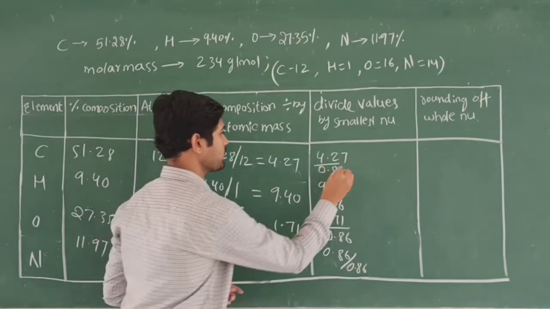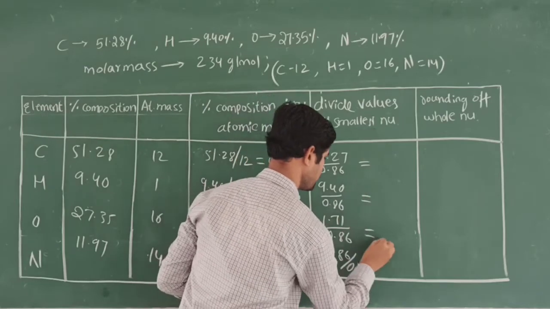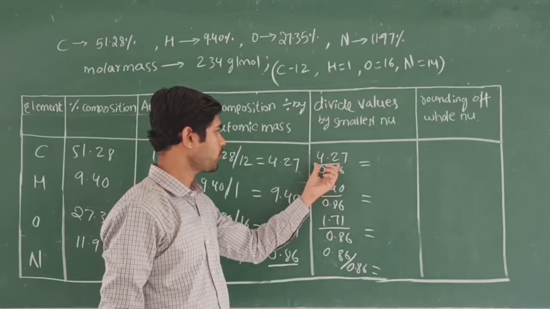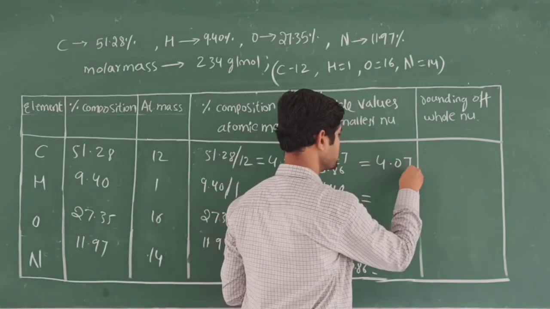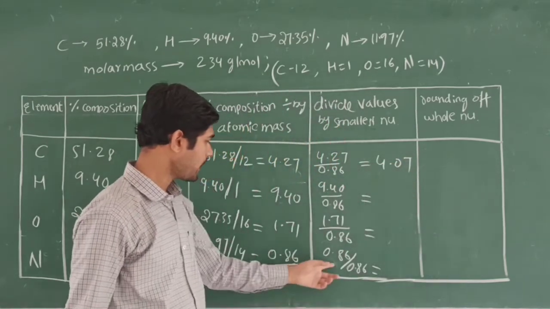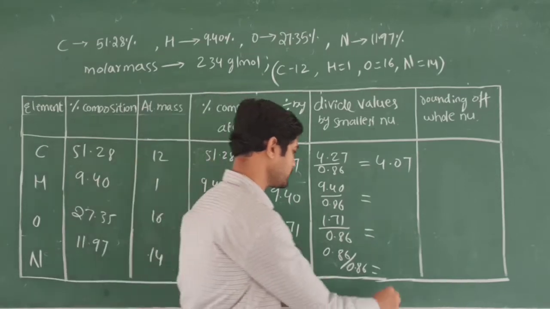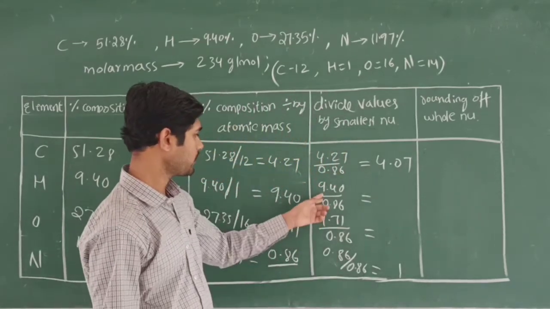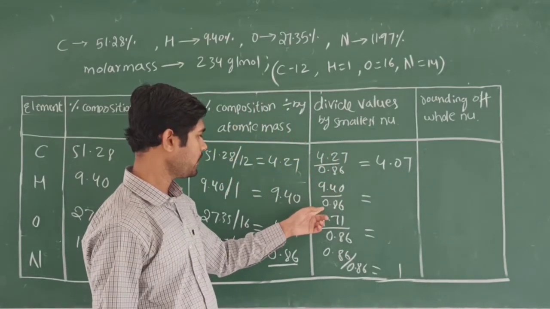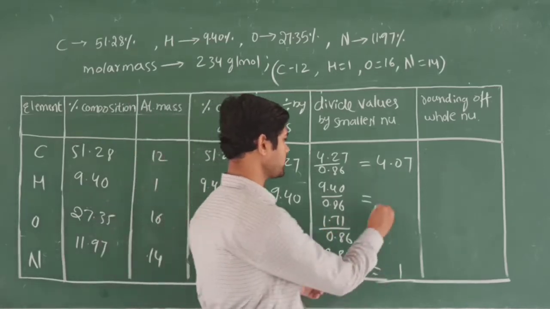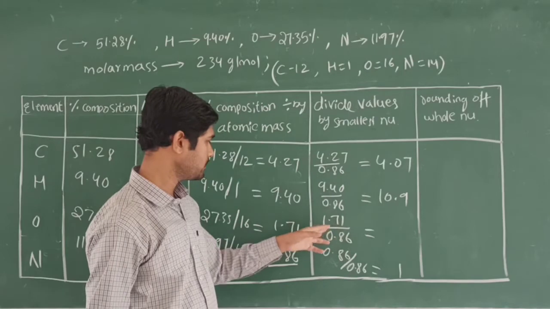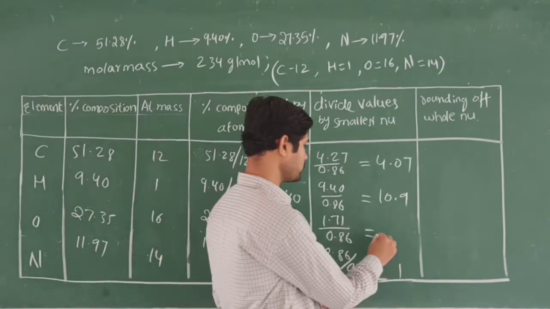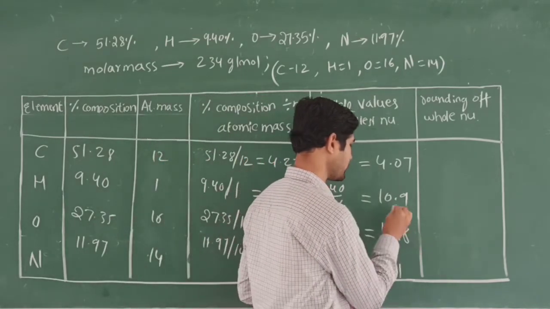We get 4.97 or 4.94, 10.93 or 10.94, 1.98, and 1.